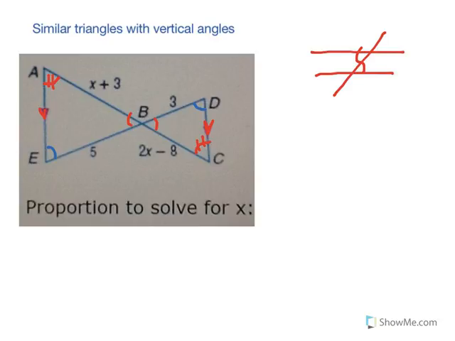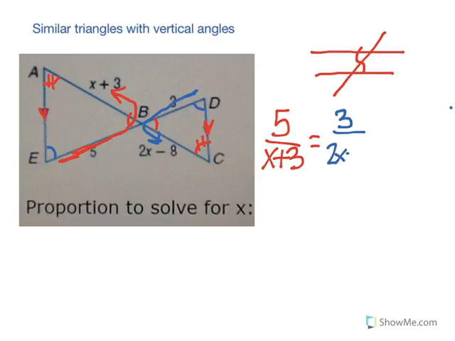I'm going to start with the big one, and go from my blue angle through the center to my next angle. So that will be my 5 over x plus 3, equal to, I'm going to start with my blue angle, 3, and put it on top of 2x minus 8.